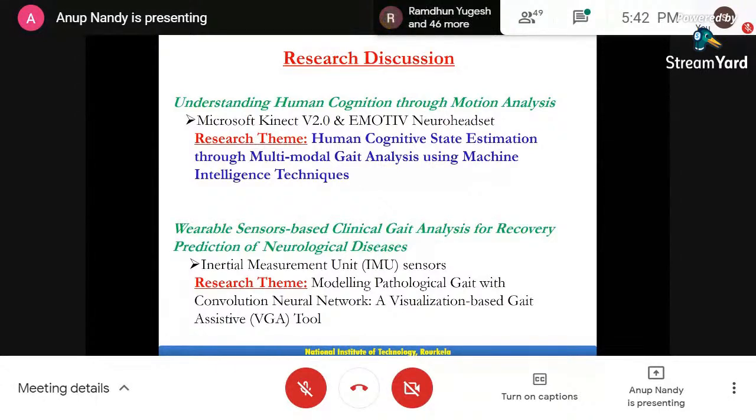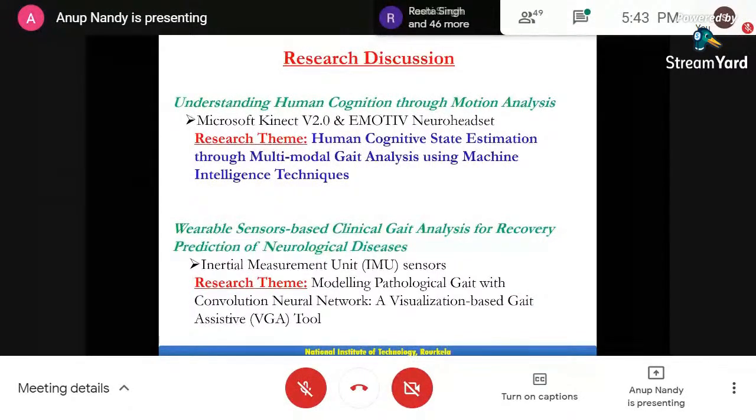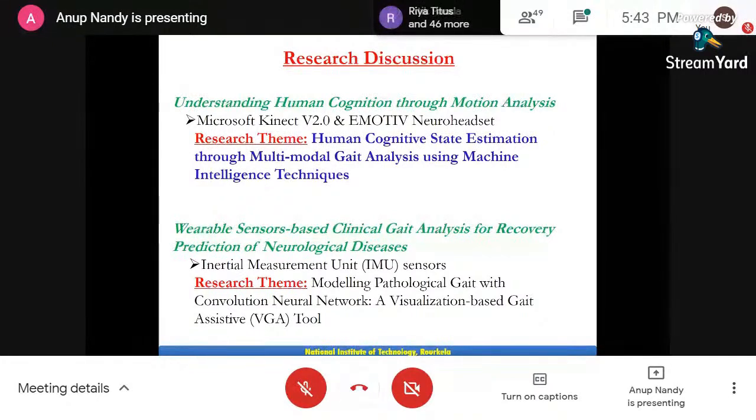The AI subfields include neural networks, computer vision, computational models like genetic algorithms, fuzzy logic, and artificial neural networks, then nature inspired algorithms, and also robotics applications in biomedical engineering.